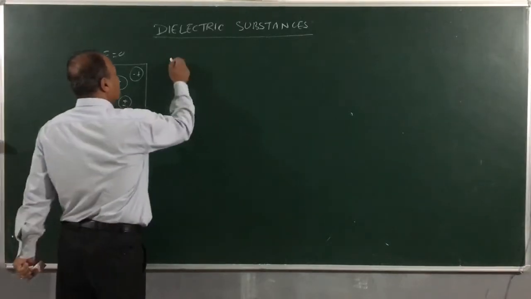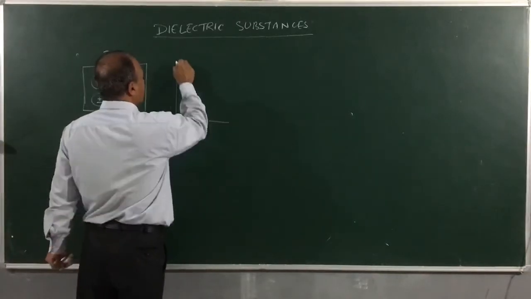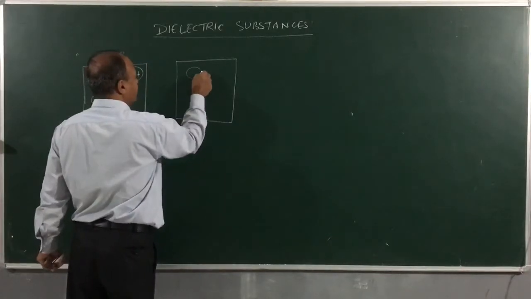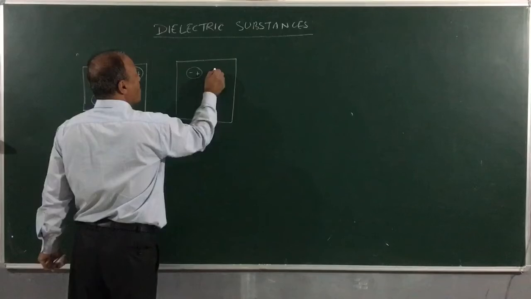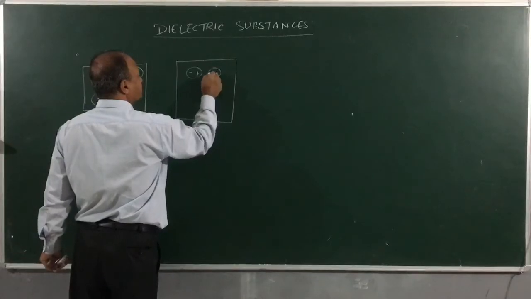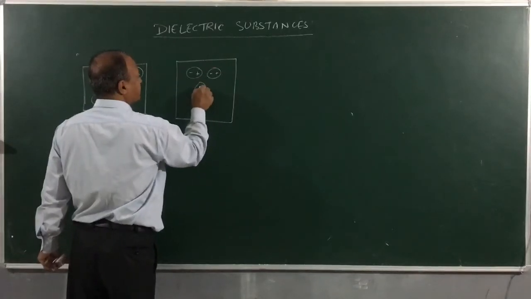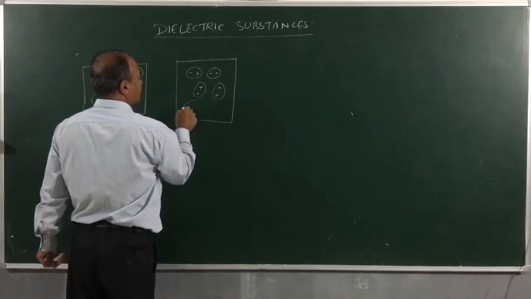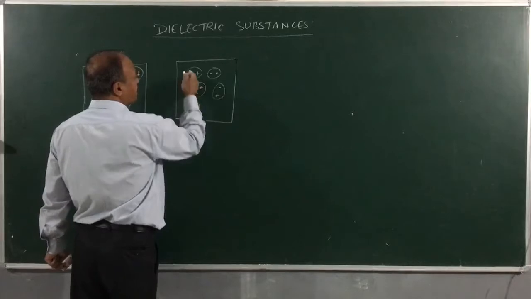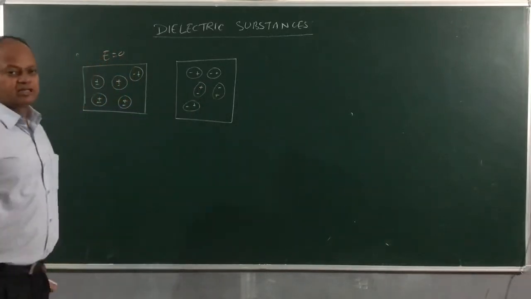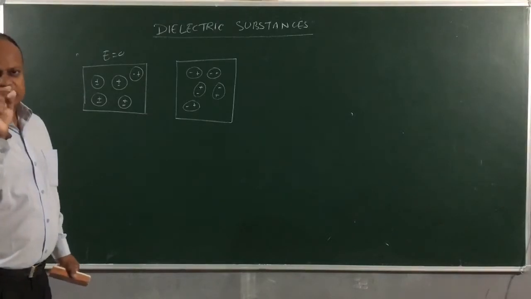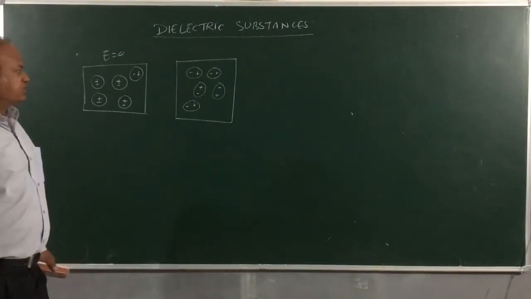However, if you take a polar dielectric, then it will be slightly polarized, something like this. And they will be oriented randomly, positive, negative. They will be oriented randomly, but its molecules will be charged, because the center of gravity of positive and negative charge will be slightly separated from each other.